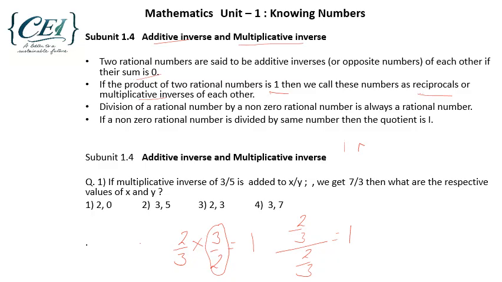When we are dividing 2 by 3 by 2 by 3, we are multiplying 2 by 3 by the inverse of 2 by 3. So we are multiplying it by 3 by 2. So 3 by 2 is the multiplicative inverse. Correct.